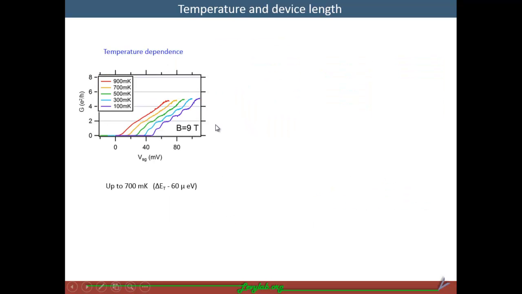We further measured the temperature dependence of this quantized behavior, and we see that this quantization persists up to 700 millikelvin, and above that we saw a disappearance of this behavior. The thermal activation energy for this temperature is about 60 microelectron volts, which is of the order of the spin splitting that we have seen.